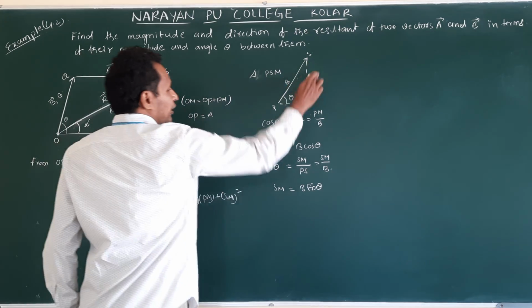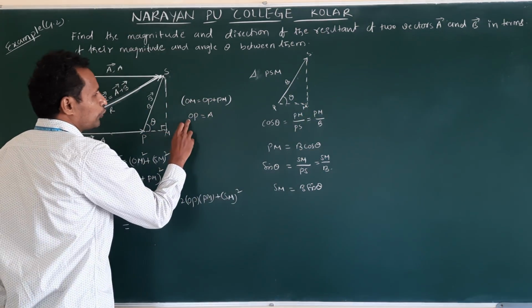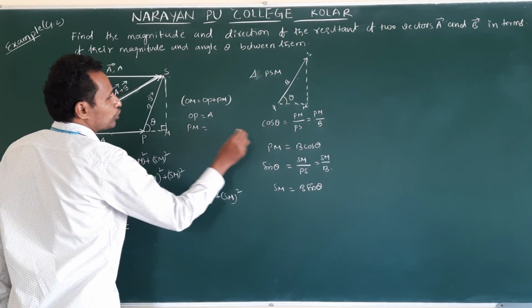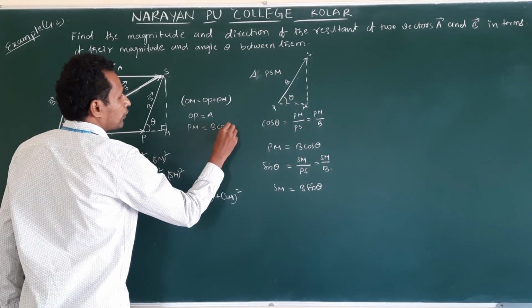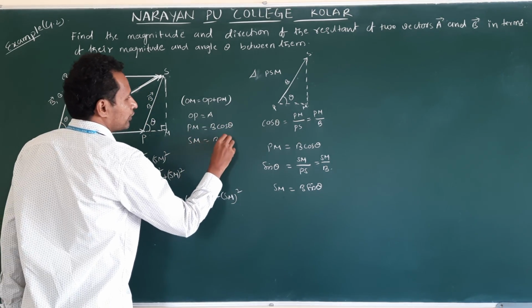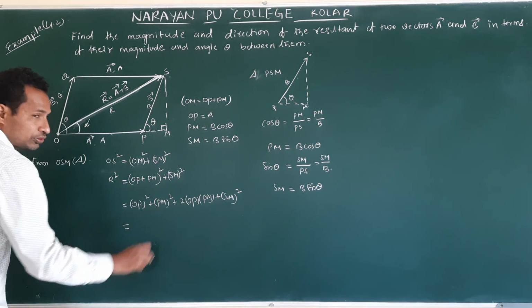To understand, I have shown this; in the examination these are not required, you can write directly. Then OP is A, PM is B cos theta, and SM is B sin theta. Now in this equation, R becomes known.